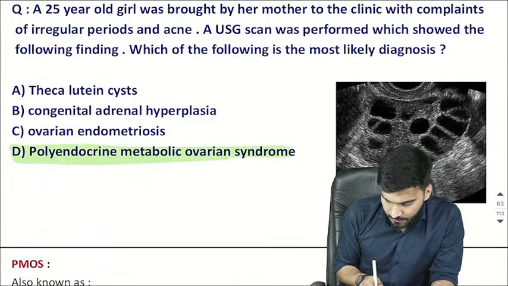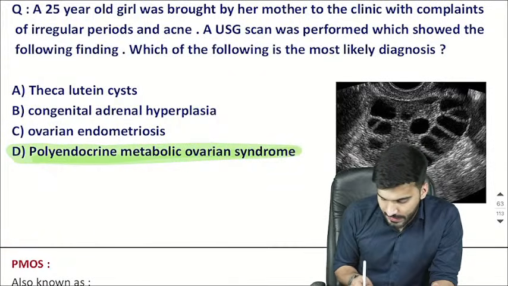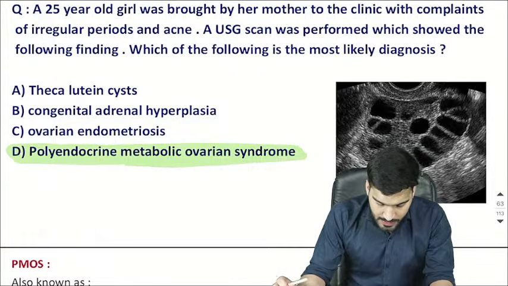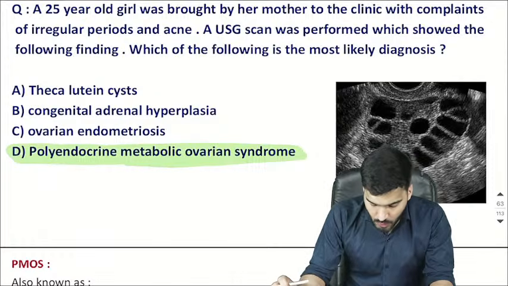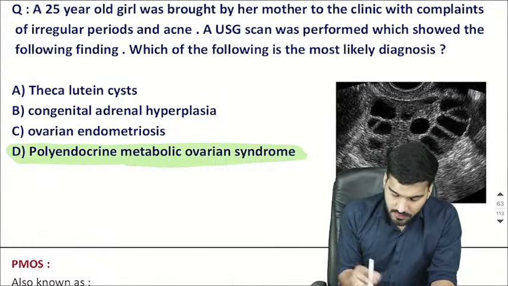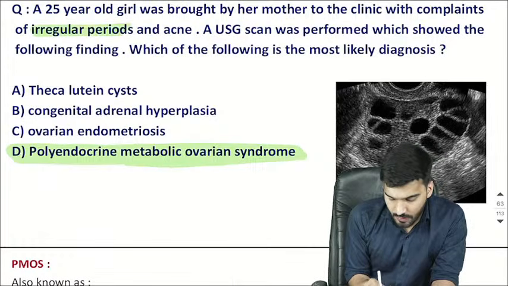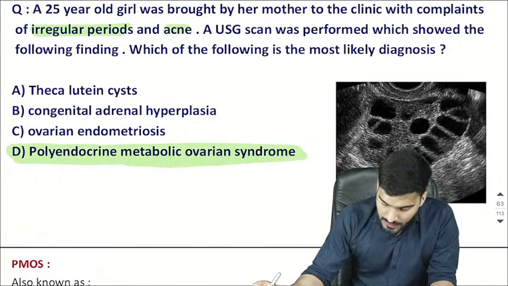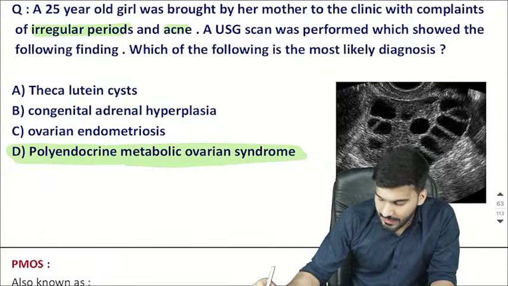So it is going to be PCOS, which is now known as polyendocrine metabolic ovarian syndrome. Now, what are the classical features? Irregular cycles, followed by that, the patient also complained of acne. And on USG, we had a classical sign.